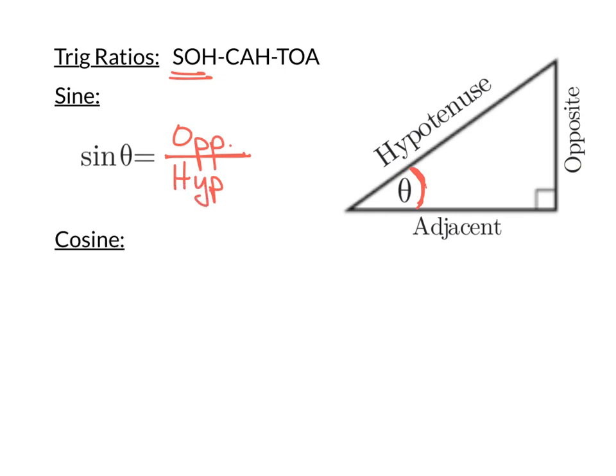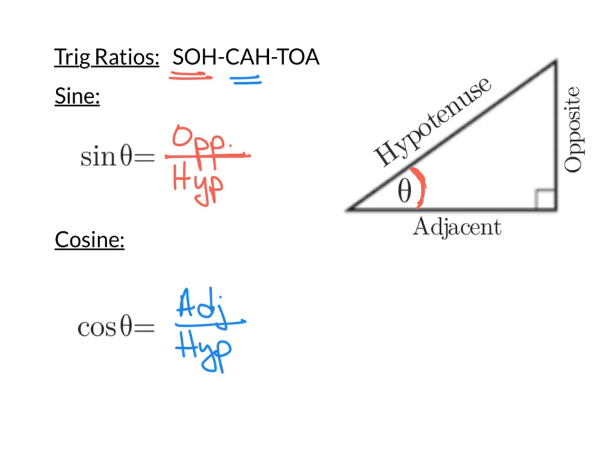The next trig function is the cosine function, and it's abbreviated as cosine theta, COS. So CA is for the cosine, and cosine is the ratio of the adjacent side to the hypotenuse.